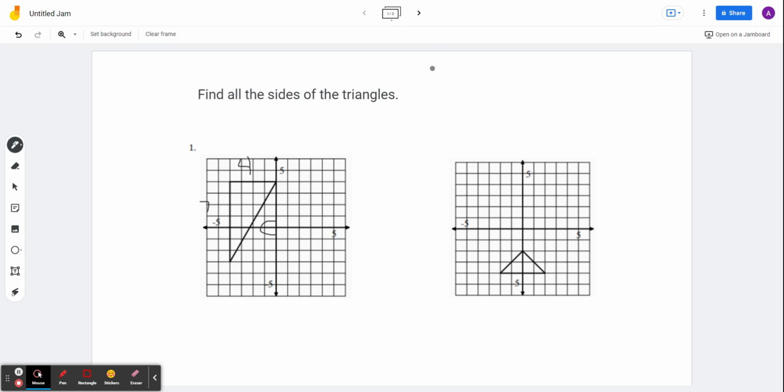Now, if I use the Pythagorean theorem, we know that the two legs, the short sides of the triangle, this one and this one, that a squared plus b squared is equal to c squared.